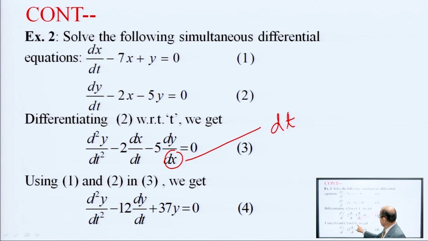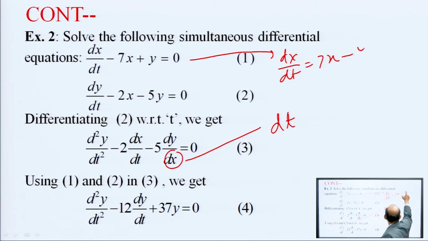Using 1 and 2 in 3 means replacing dx by dt from the first equation and dy by dt from the second equation. Here dx by dt is equal to 7x minus y and dy by dt is equal to 2x plus 5y.